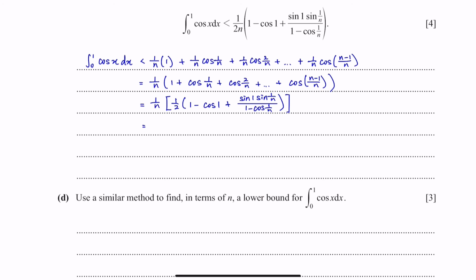And this will be equals to 1 over 2n times 1 minus cos 1 plus sine 1 times sine 1 over n over 1 minus cos 1 over n. And we're done for part C.